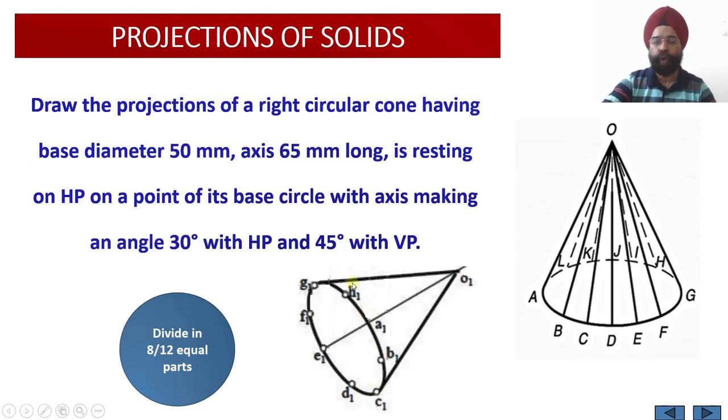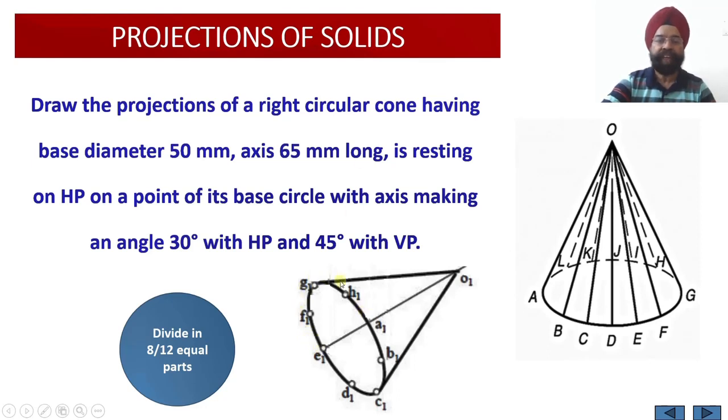Whenever a cone is inclined, this uppermost semicircle is going to be visible to the observer, and this projected semicircular portion of the cone is going to overshadow the bottom portion of the cone. So the bottom semicircular portion will be overshadowed by the uppermost semicircular portion.